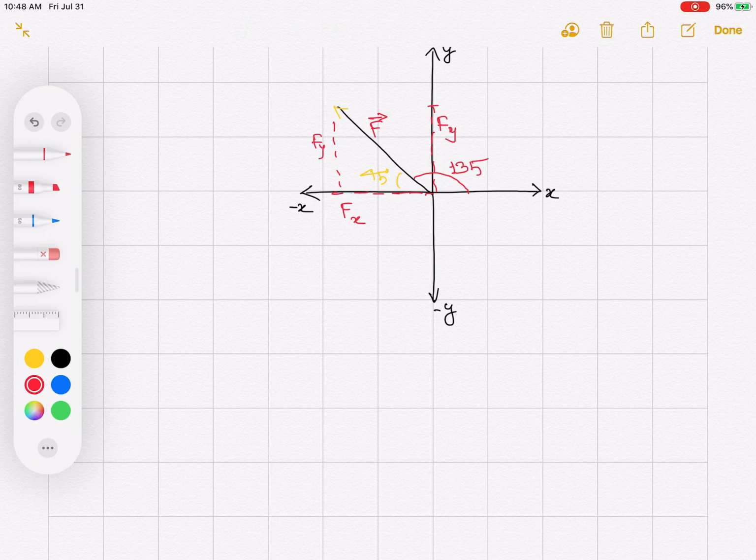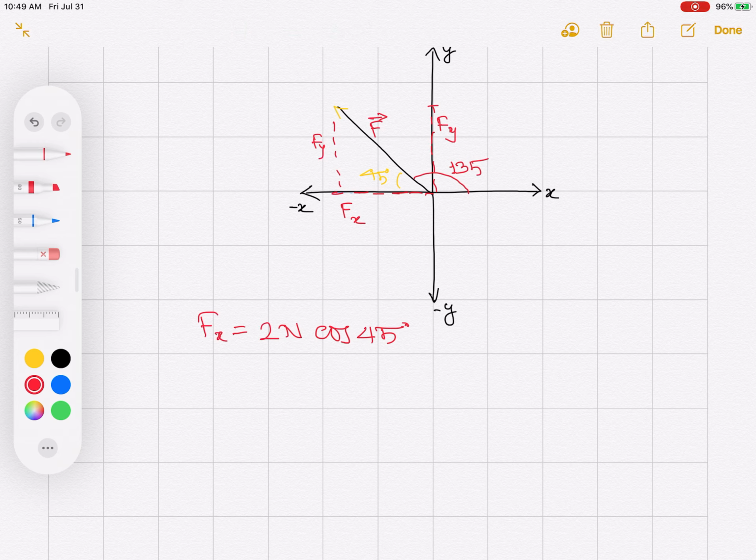It's fine. Now you can write in two ways. So Fx is 2 Newton times cos 45 degree.